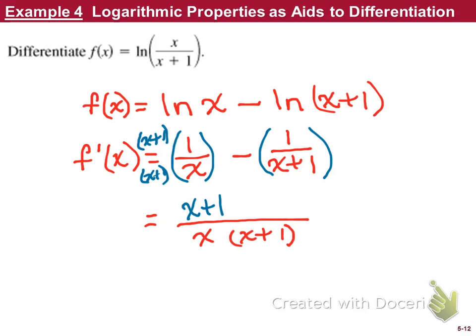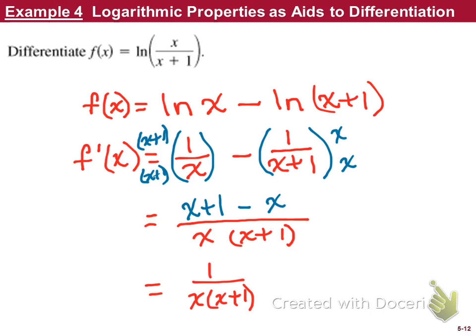And the second term we need to multiply numerator and denominator by x, so we would end up with minus x. Cancel out the like terms, and we would end up with 1 over x times x plus 1.